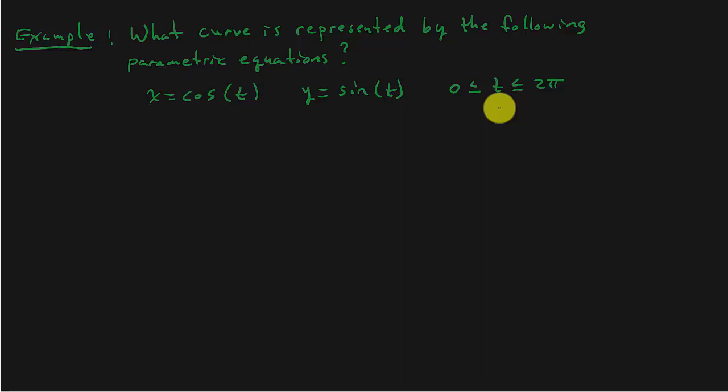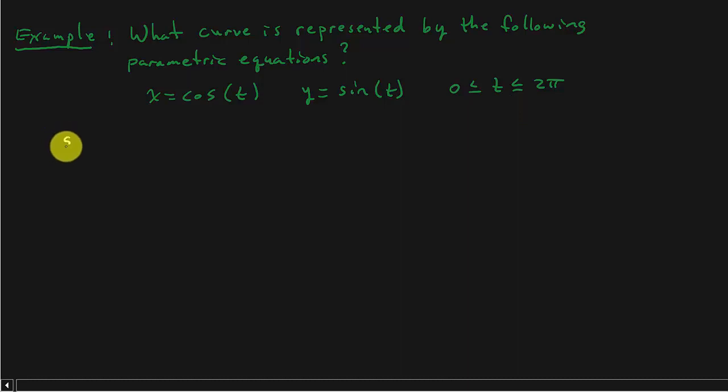Think about when you learned trig. One of the big identities you had in trig was sine squared plus cosine squared is equal to 1. All right, so let's look at this.